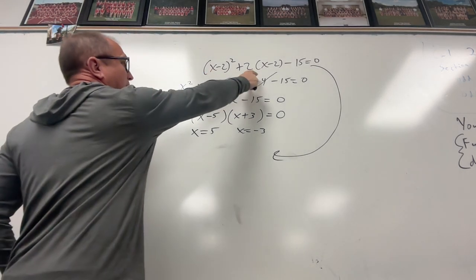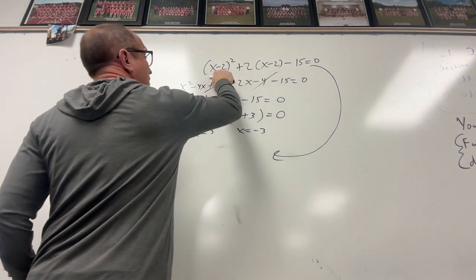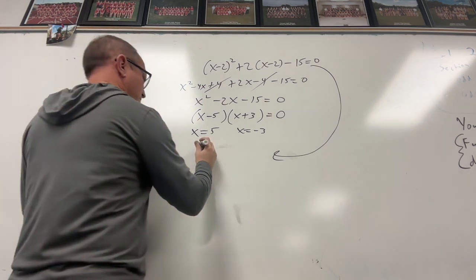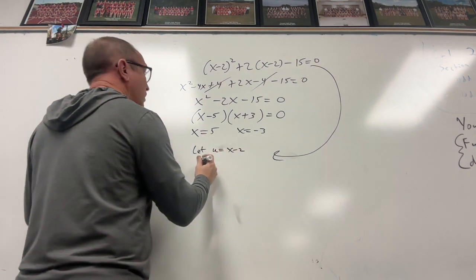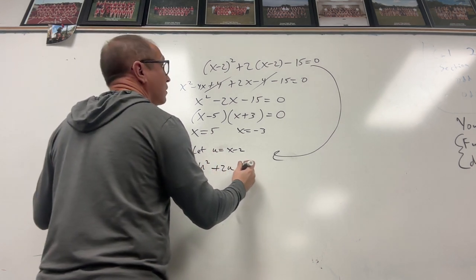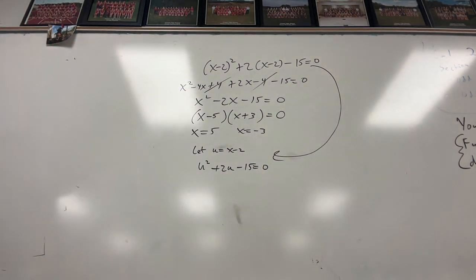All right, now, I'm going to do something called a U substitution. I'm going to substitute U in for x minus 2. So I'm going to let U equal x minus 2. So my new problem is U squared plus 2U minus 15 equals 0, right? Do y'all see what I did there?